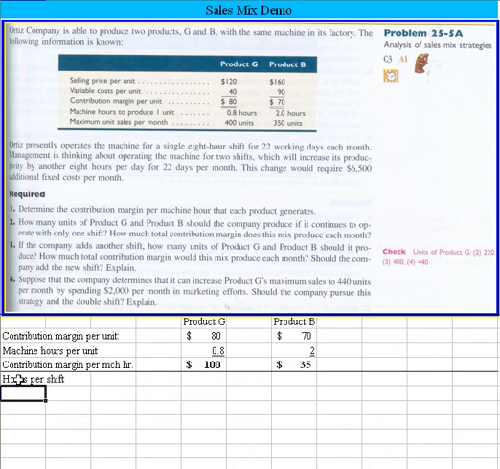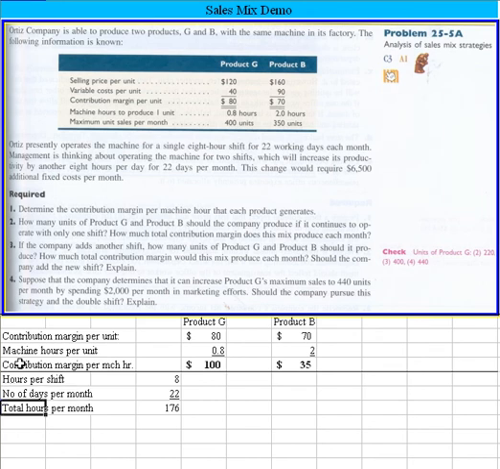Hours per shift is 8. We have number of days per month. Number of days per month is 22, so that leaves us with total hours per month. And total hours per month, we just simply multiply the 8 times the 22, right? That gives us 176 hours.